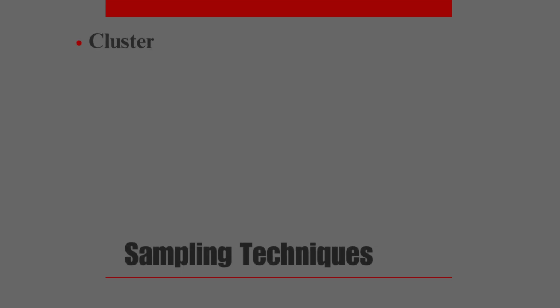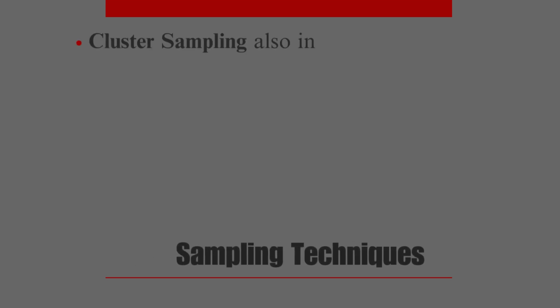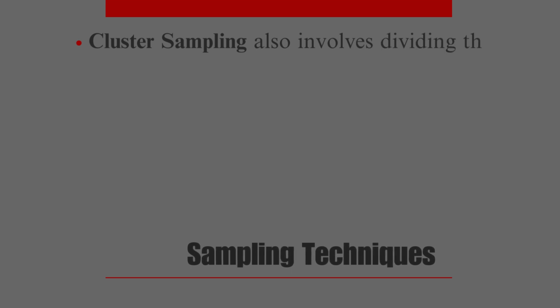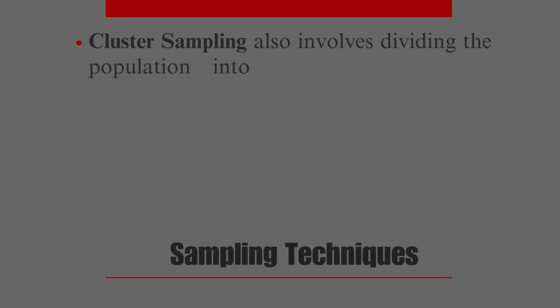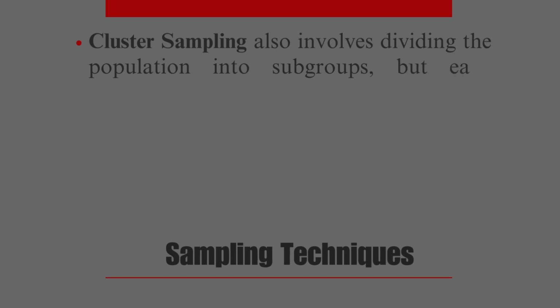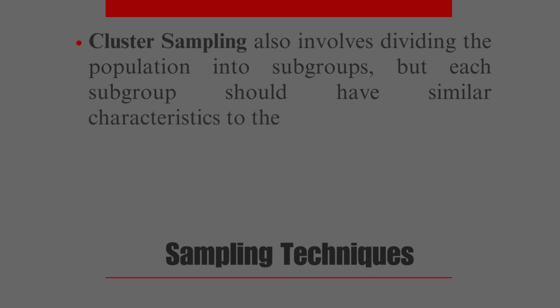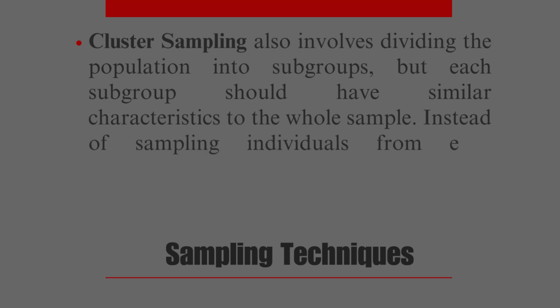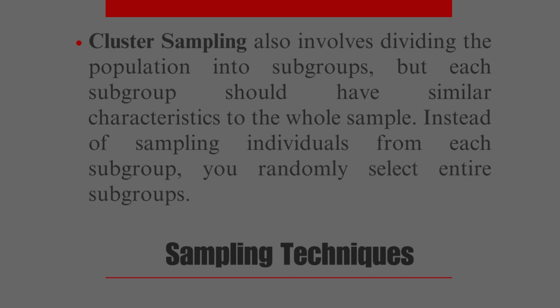Okay, the last one will be cluster sampling. It also involves dividing the population into groups, but each group should have similar characteristics to the whole sample. Instead of sampling individuals from each subgroup, you randomly select entire subgroups. For example, the company has offices in 10 cities across the country, and you cannot go there because it's too far.